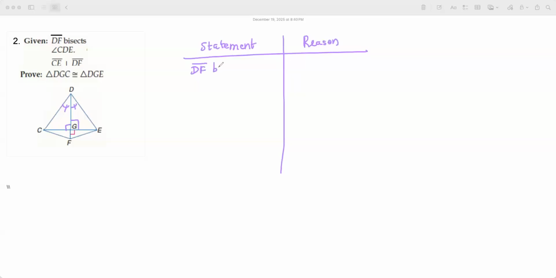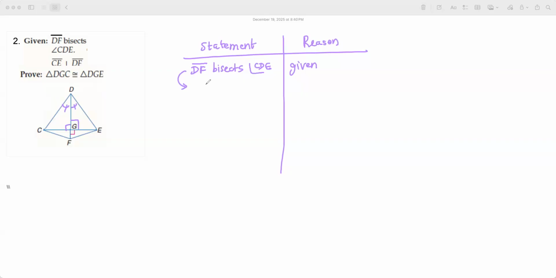I will write the given. Miss Priya, can we do one together? Yeah, sure. We can do it on the board. DF bisects CDE, given. What next? From this, what can you derive? What does it mean?